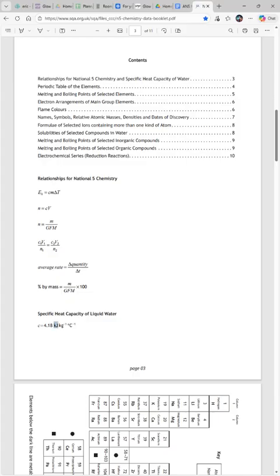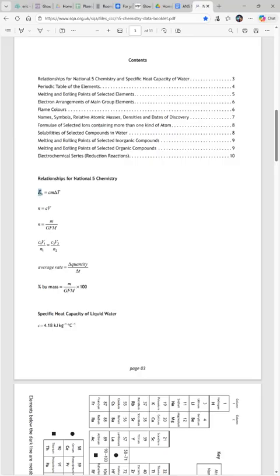If they give you information in joules, you have to convert to kilojoules per kilogram. So this is for a kilogram of water, per kilogram per degree C. For 1 degree C, this would be correct for 1 kilogram.